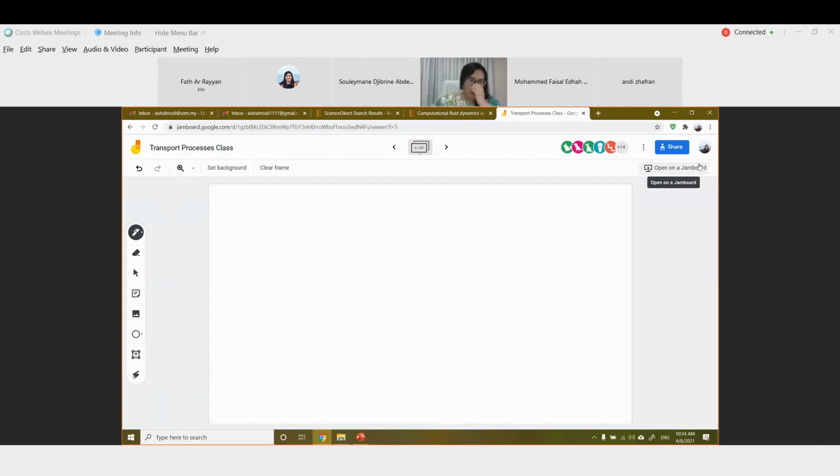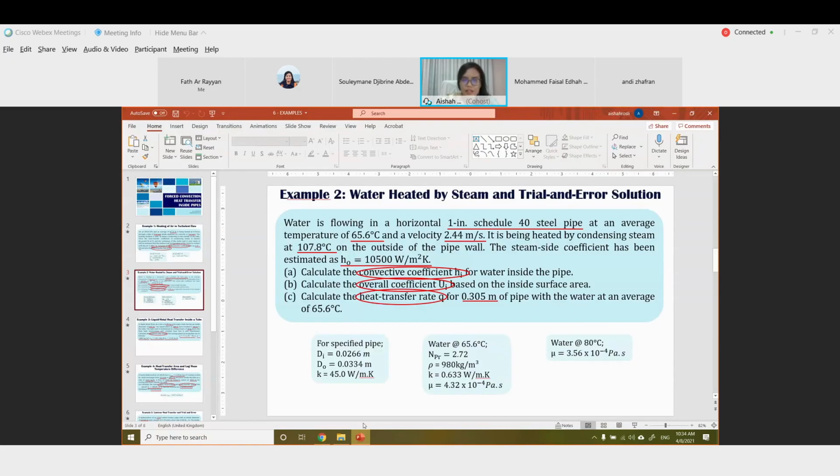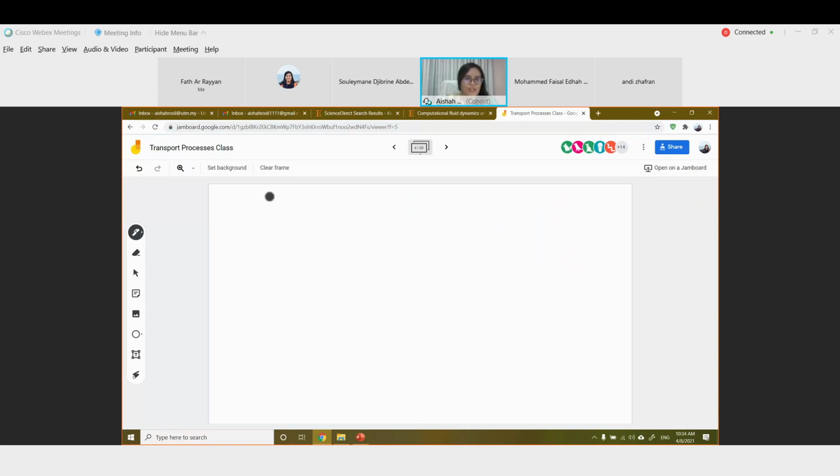In this case, I'm not sure whether I gave the K. Okay, K for steel I already wrote down. So K for steel is 45 watt per meter K. If you remember the formula for resistance for convection, it will be 1 over hA.